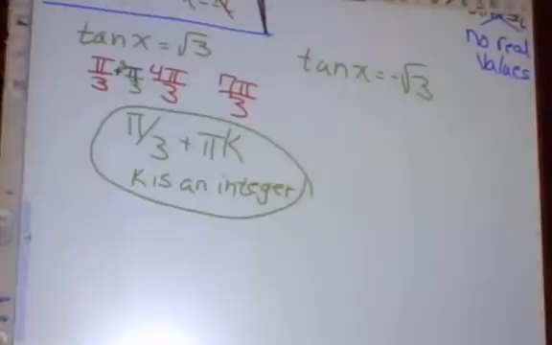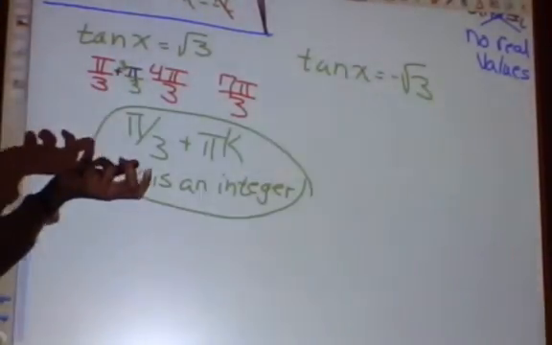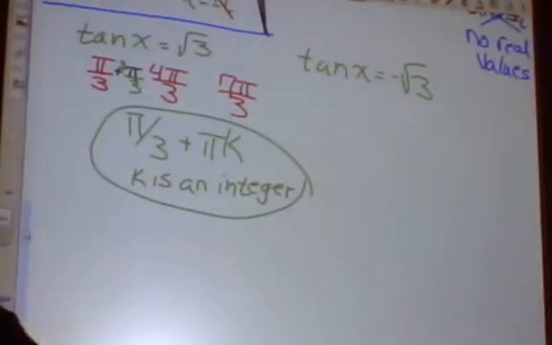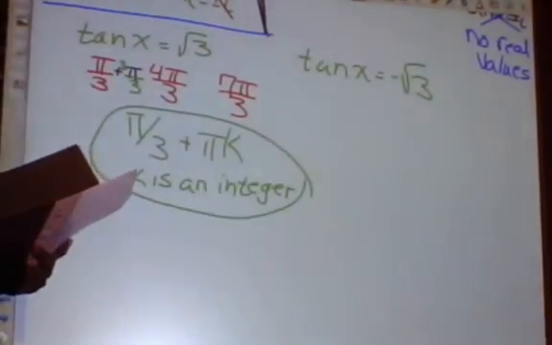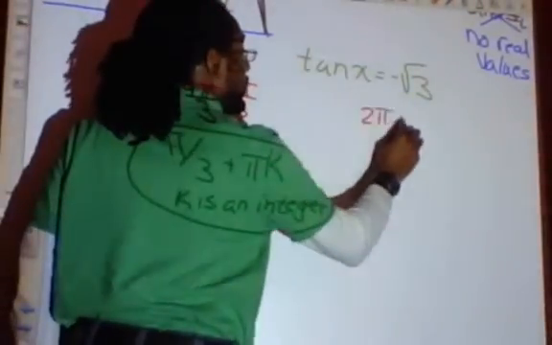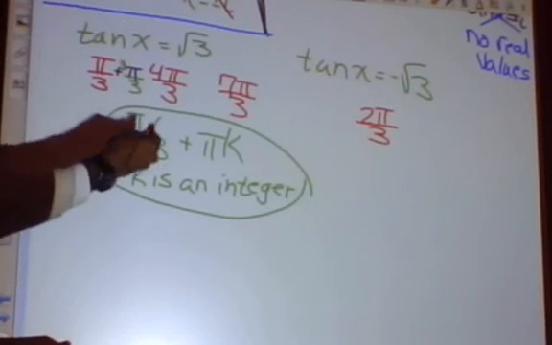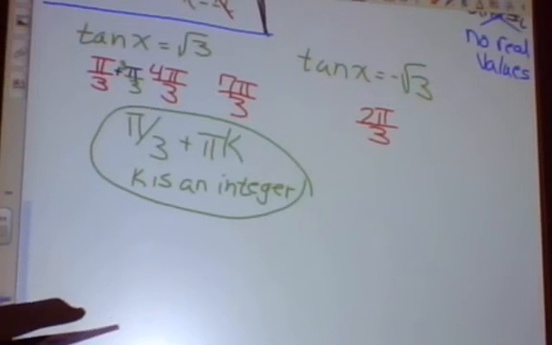And now with the negative, first of all, where's the first positive one that we have on our chart where the tangent is negative square root of 3? What radian measurement? That would be 2 pi over 3. And just like it was for this one, if we add pi to that, that would give us the next one. Then we add pi again, gives the next one.